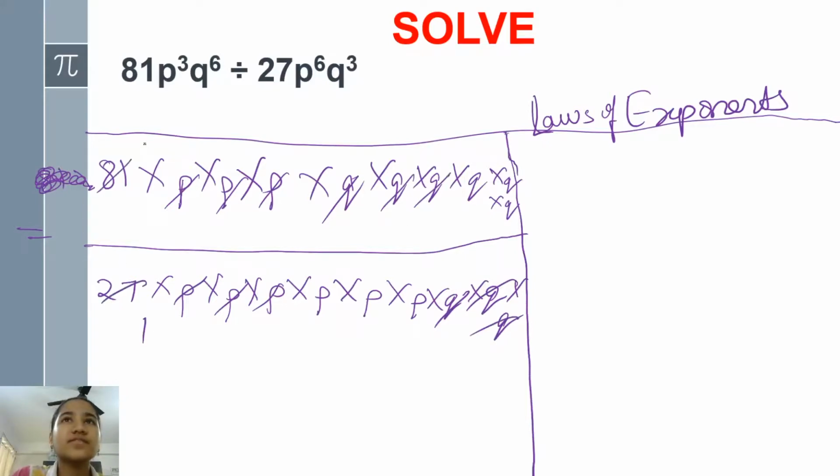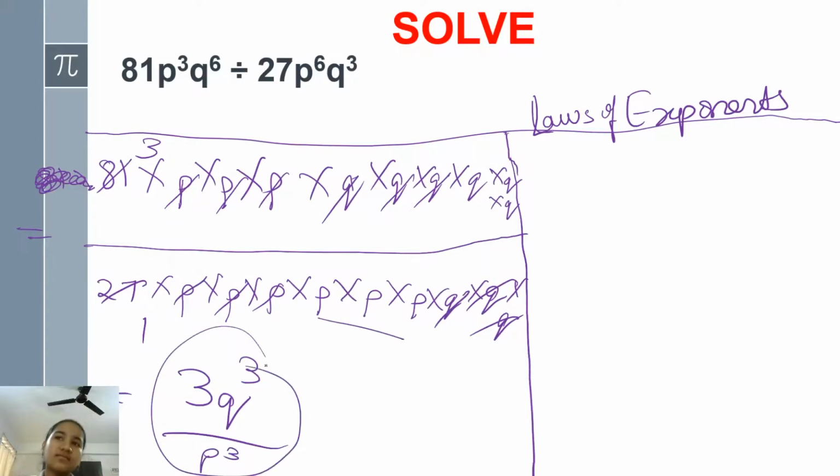27 ones and 27 threes are the coefficients, together it is equal to 3q cube by, what is remaining over here, p cube. This can also be written in another form, but it will seem a little bit confusing, so let it remain in this form.